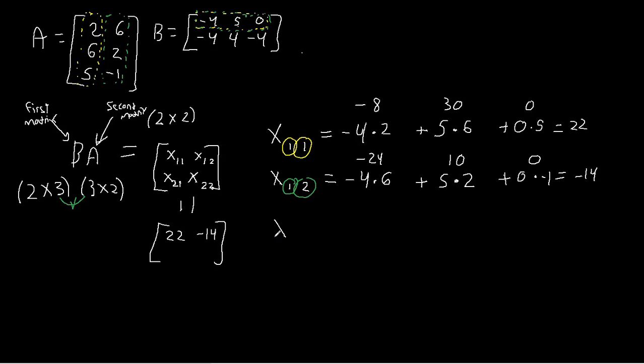Now we can look at the lower left, which is going to be x21. All right, again, I'm actually going to highlight this because I want to make absolutely clear. In this case, x21 means we're going to grab the second column of the first matrix. That's going to be this right here.